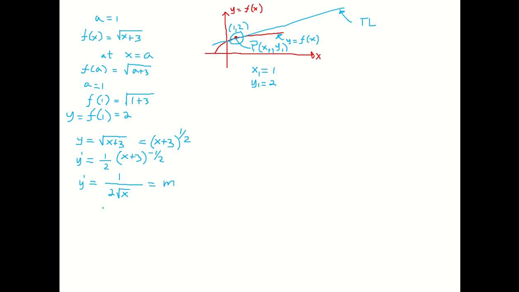All right, so solving for the slope of the tangent line, m is equal to 1 over 2 times square root of x plus 3. So what is our x?